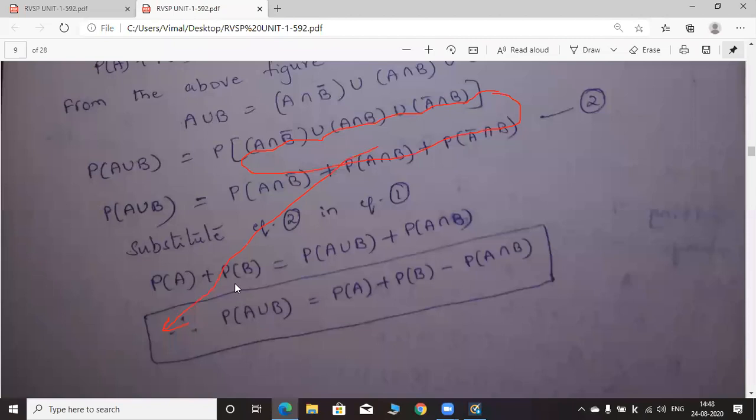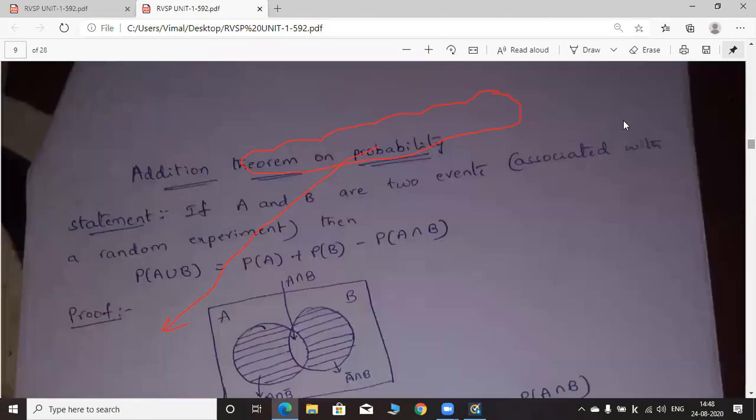P of A plus P of B, the left hand side is the same. The combination of three portions can be written as P of A union B plus again we have P of A intersection B. Okay, but according to the statement, what we have to prove is P of A union B is equal to P of A plus P of B minus P of A intersection B. That is what we have to prove now.